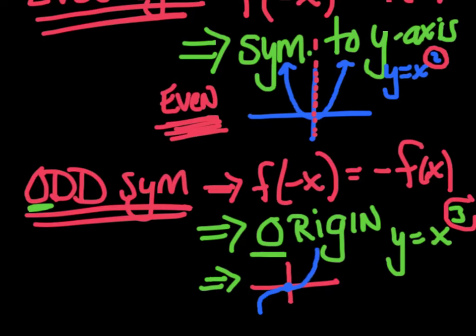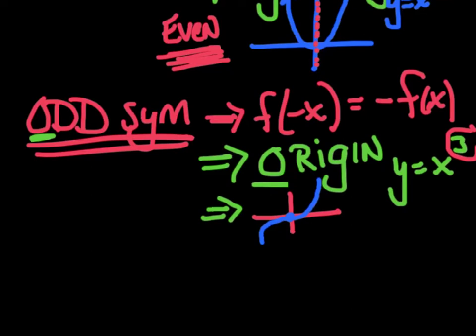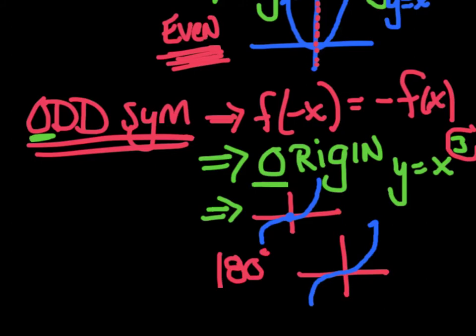Now, what's special about an odd function in respect to the origin is basically if you can flip this 180 degrees and see the same picture, then you know you have an odd function. All right, so again, if I were to take this picture and flip it upside down, it should look the exact same. And that's how I test visually if my function's odd. Okay, it should look the same 180 degrees upside down.